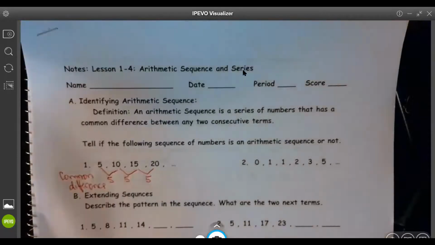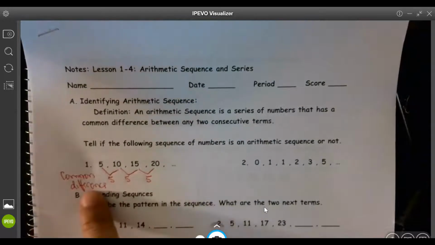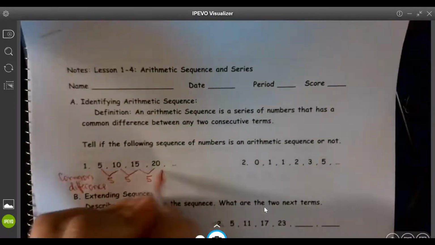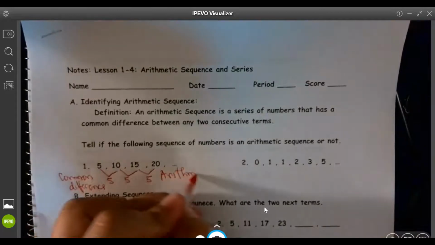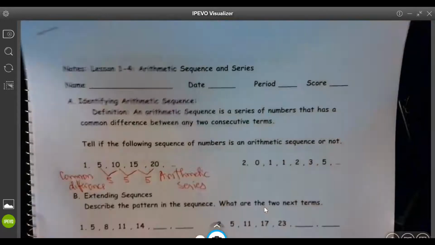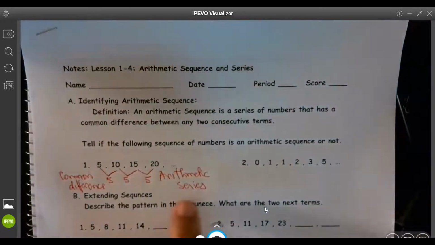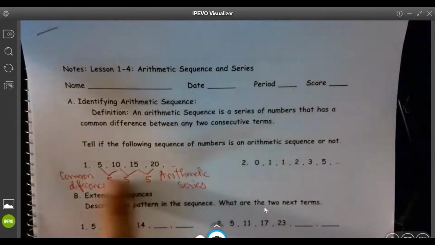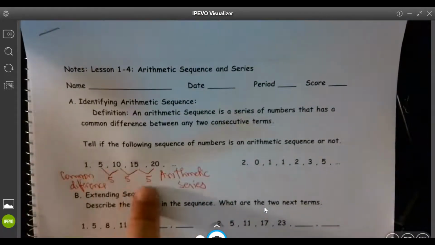The common difference is the same. The difference is common. And if that's the case, this one is an arithmetic sequence. It is an arithmetic sequence if the difference between any two terms is the same.